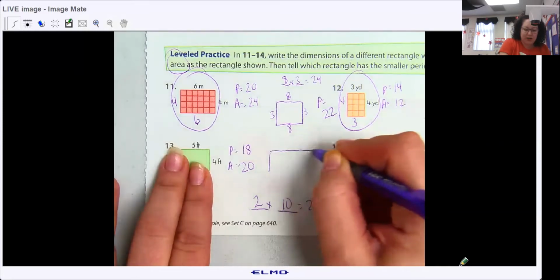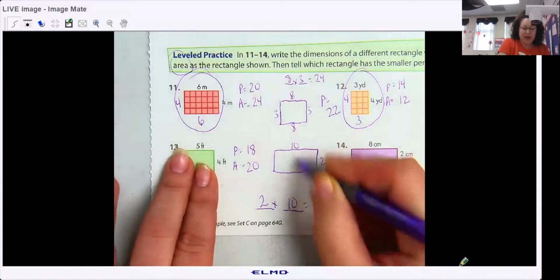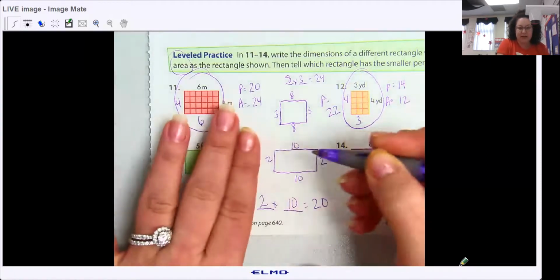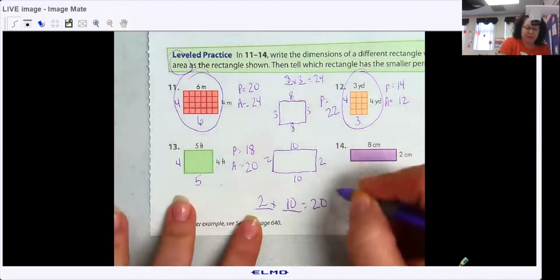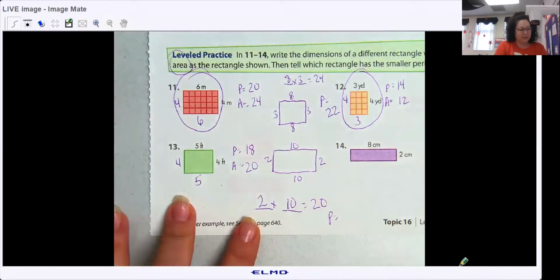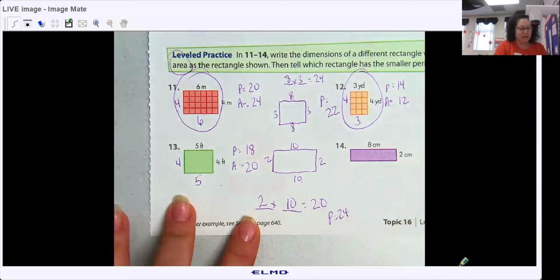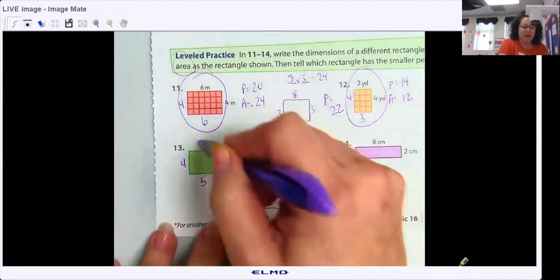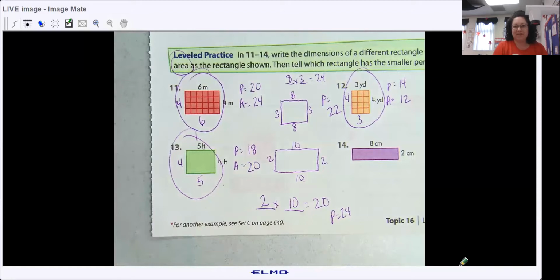Alrighty, so let's draw this guy out. 10 and 2. So then we have 10 and 2 over here. And add them up. What do we get for our perimeter? 10, 20, 22. Perimeter's 24. So which one has the smaller perimeter? Yep, our green guy. Because 18 is smaller than 24.